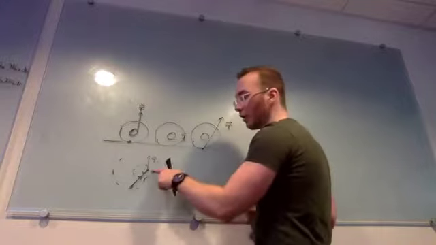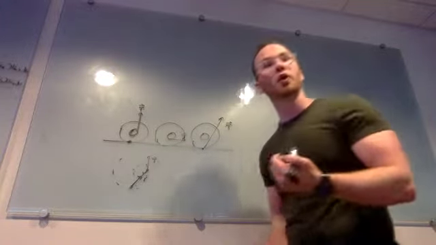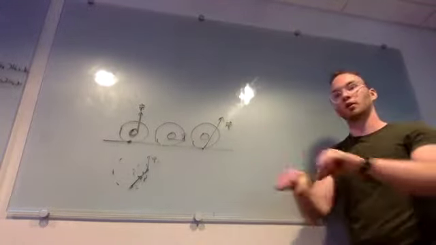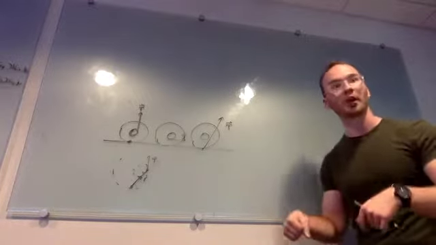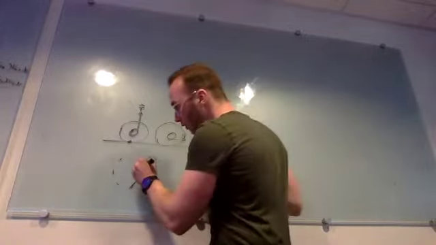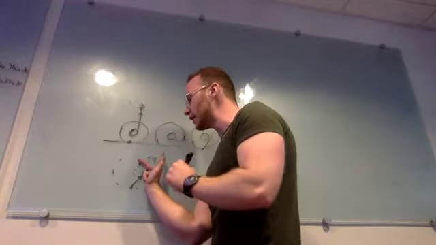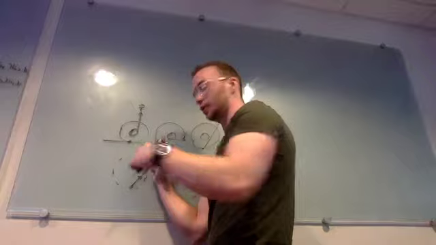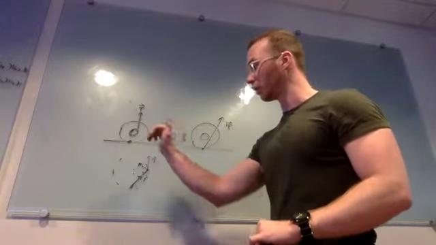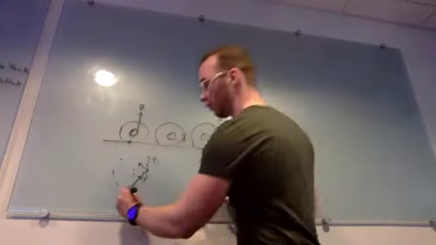The component along here does not contribute to torque, because that's like pulling a door away from the hinges. That doesn't open it. But the other component is going to contribute. R cross F is the torque, and it goes out of the board, which corresponds to this rotation. So the torque is out of the board.